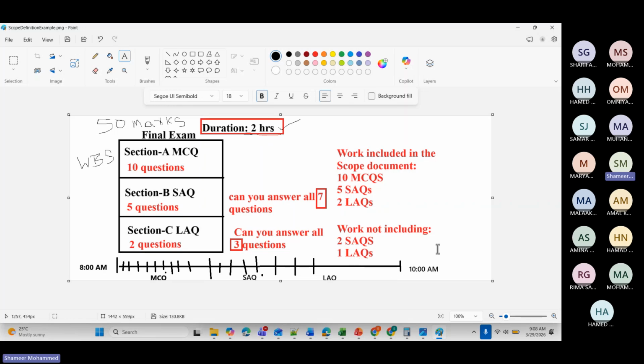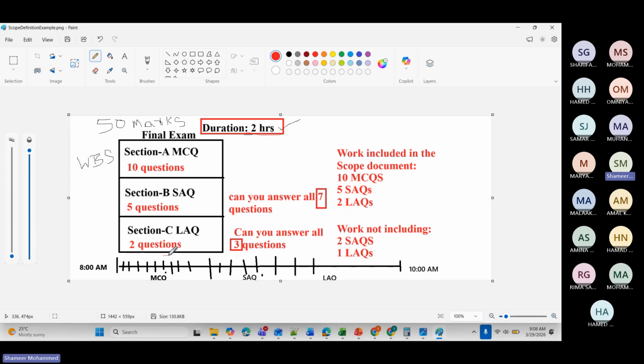Right, now imagine the time is now, what is the time now? 9 past 8. Imagine you have completed 7 questions from the 10 multiple choice questions.